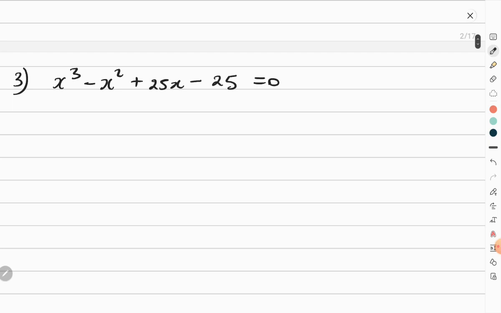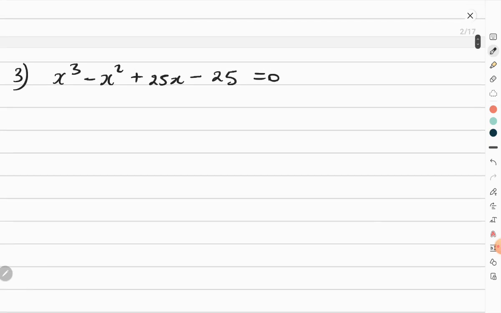Taking the next one, now we are dealing with a cubic function with 4 terms. Here we need to factorize if we can, and I think we can group these terms. If we group these ones and these ones, factorizing them separately, for the first 2 terms we can just take the common factor x squared, and you'll be left with x minus 1.